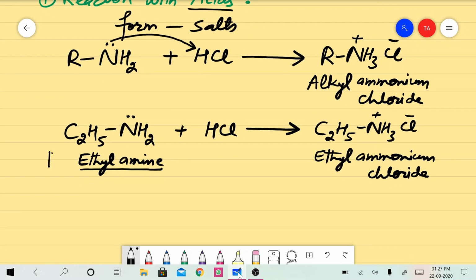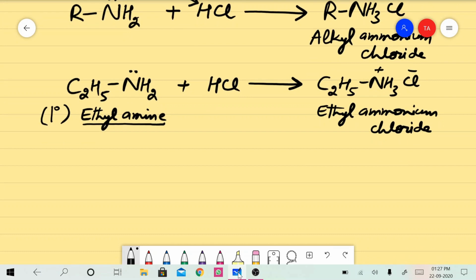This was an example of a primary amine. Similarly, a secondary amine can react.